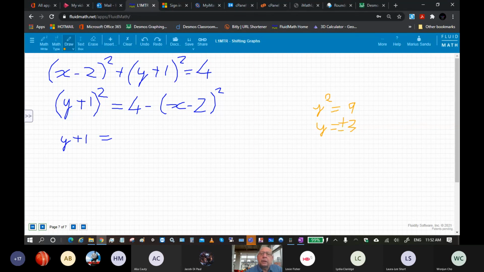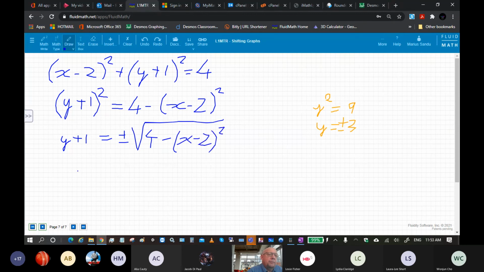Thank you. So in our case here, y plus 1 is going to be equal to plus or minus square root of 4 minus x minus 2 to the power of 2.